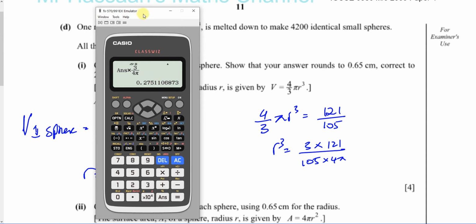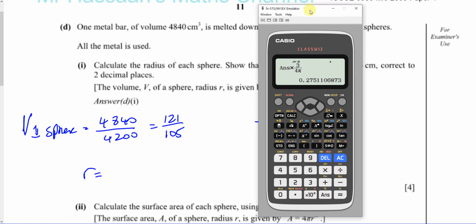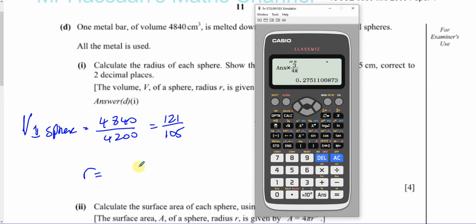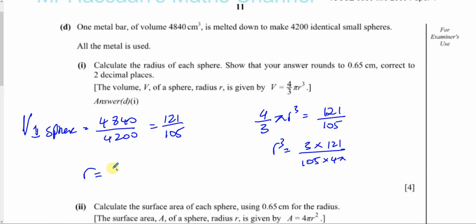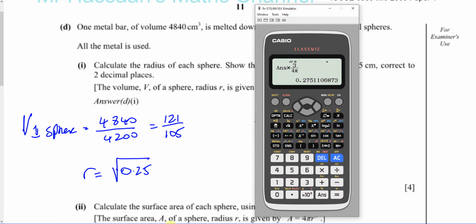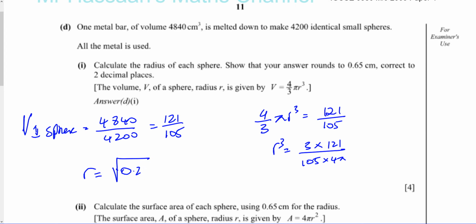So let me just write what this is. 0.27511. Cube root of 0.27511.